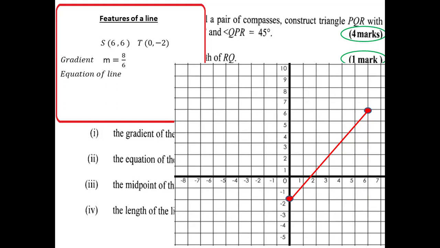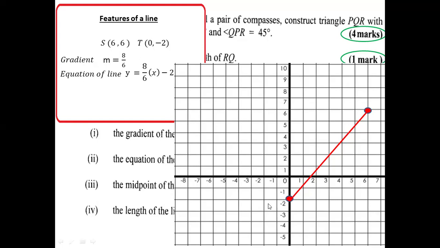All right, the equation of the line. You only need two things, remember, the gradient and the y-intercept. Now we just find the gradient using the run and the rise. And the y-intercept simply means where the line cuts the y-axis. It's right here at -2. It was obvious since the x-coordinate was 0.